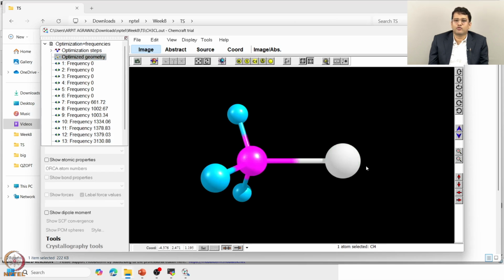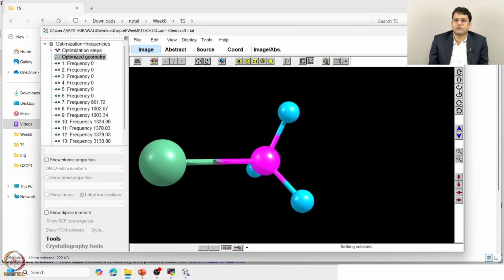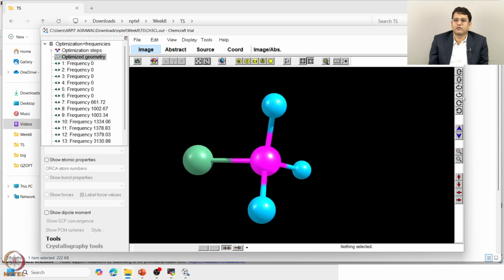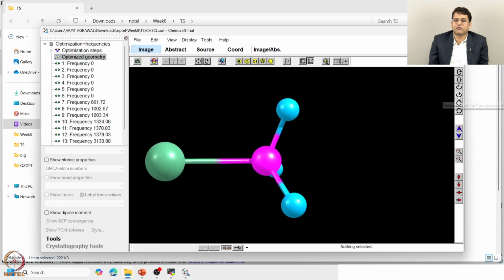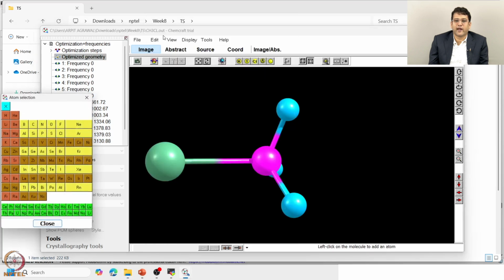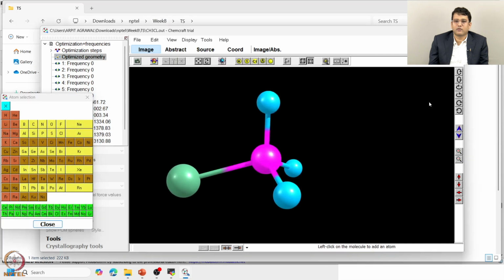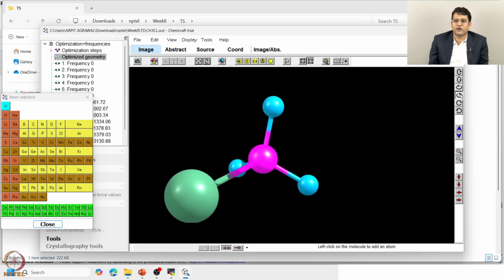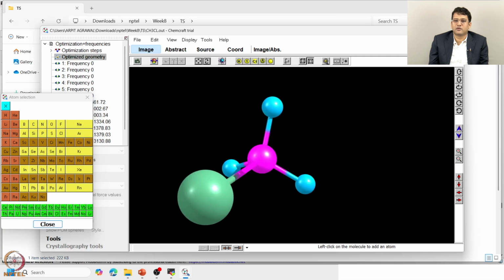Now to make the relaxed scan, what I should do is put a fluorine here. I go to the edit option, add atoms, maybe bring it in a suitable orientation.